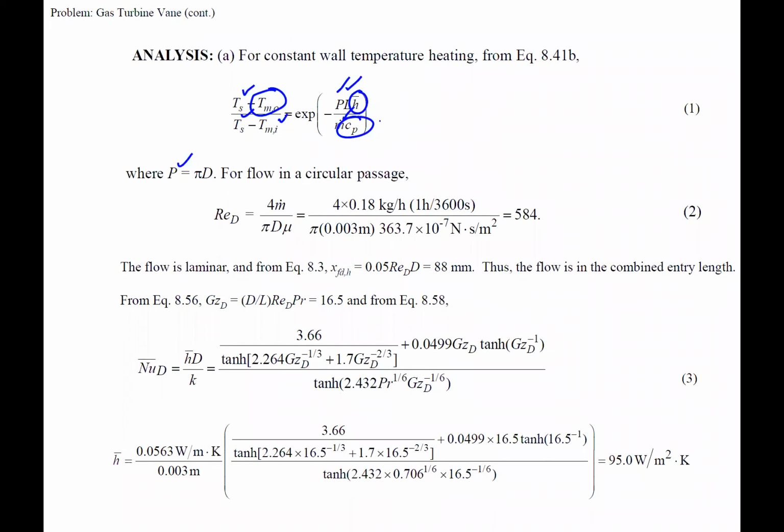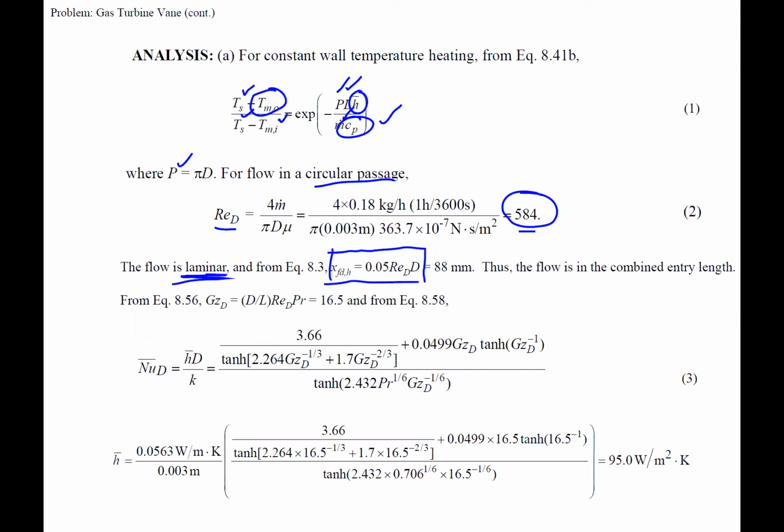Last, we needed the convection coefficient. We have a circular cross section, and we get a Reynolds number of 584, so the flow is laminar. Now we have to see whether we're fully developed or within the entry length. We grab our equation from the first set of slides for the entry length for laminar flow.